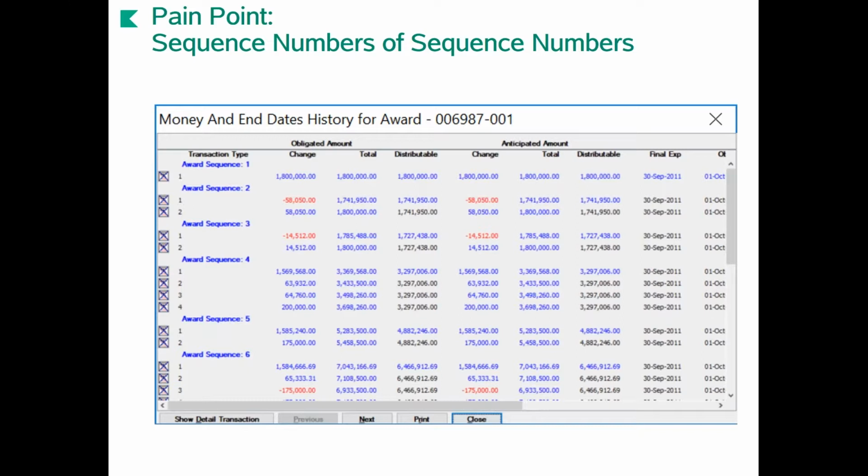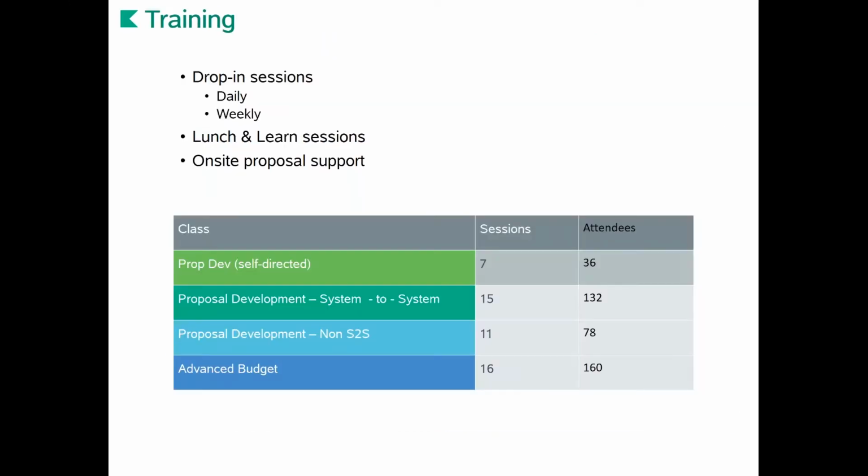You have all the history and everything. Every one of these entries you see on this screen is in the time and money screens of Kuali Research, but there are no sequence numbers of sequence numbers and things like that you can rely on.